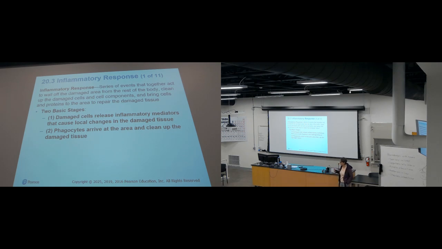So inflammation is a body response, part of the innate immunity, and this can be given in response to injury, because you have damaged cells that release chemical mediators of inflammation, or because you have some phagocytes that arrive at the area and as they're cleaning up the damaged tissue, they release chemicals that can cause inflammation.